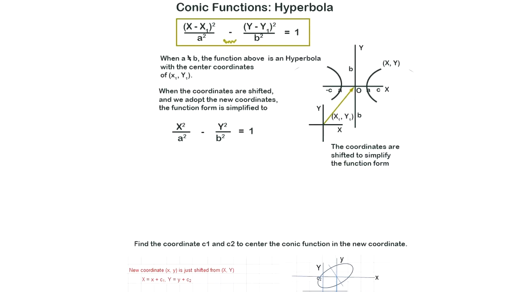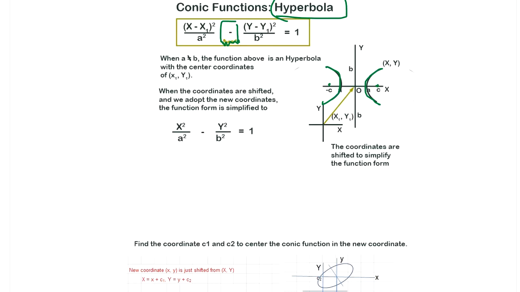Now, when this sign is negative, what happens? It becomes a hyperbola. The hyperbola function is like this. Then the focus point is going to be outside. And why does this become a focus point?